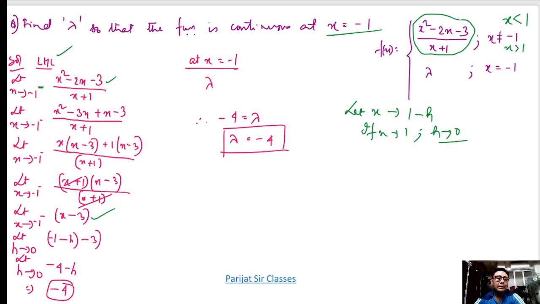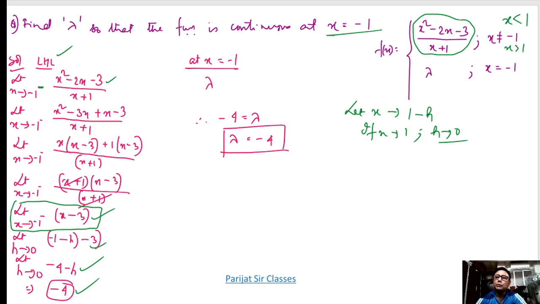So now limit x tends to 1 minus, at this we'll put x as 1 minus h, so h will be 0, h tends to 0, x means 1 minus h, minus 3. So now here we get minus 4 and this.